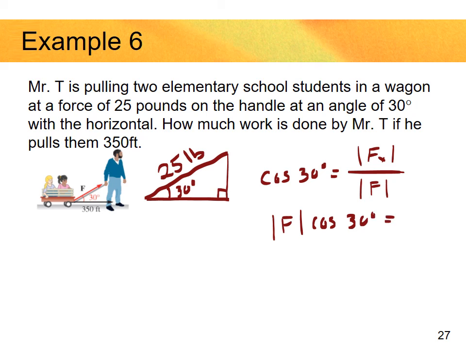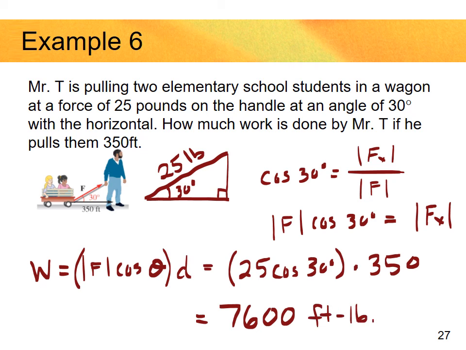So there it is. Changing things around, multiplying both sides by the magnitude of F. So the work that is done is going to be the magnitude of F, cosine of whatever degrees, times d.